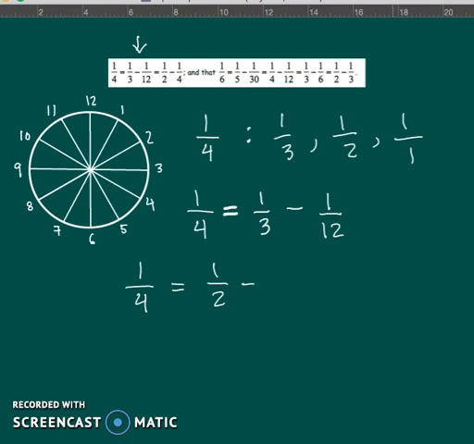Okay, so once again, we're going to paint in 3 slices to represent 1/4 of the pie. And now I need to represent 1/2 of the pie.